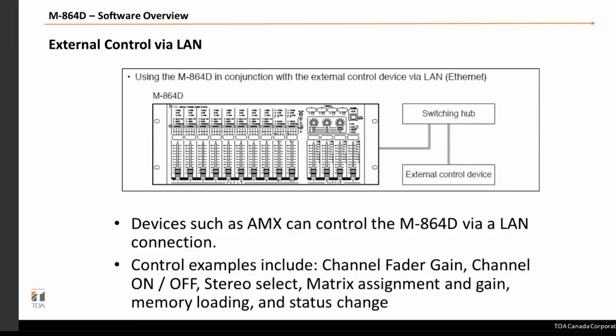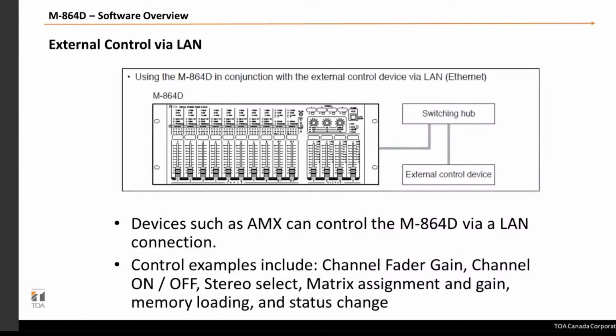And obviously, since like I was saying, it's an IP device, well, external or third-party control systems can also access the mixer in order to take the control over it.